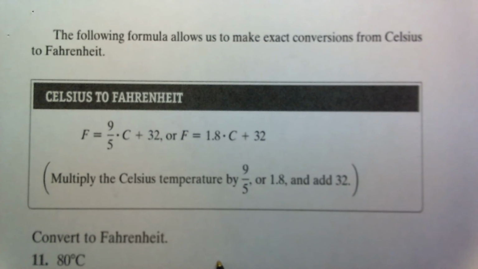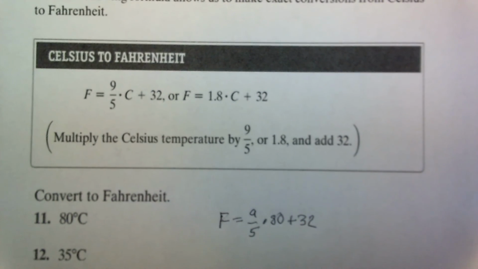So here, degrees Fahrenheit equals 9/5 times 80 plus 32, and 5 goes into 80 16 times, so it's equal to 9 times 16 plus 32, which is equal to 144 plus 32, or 176 degrees.